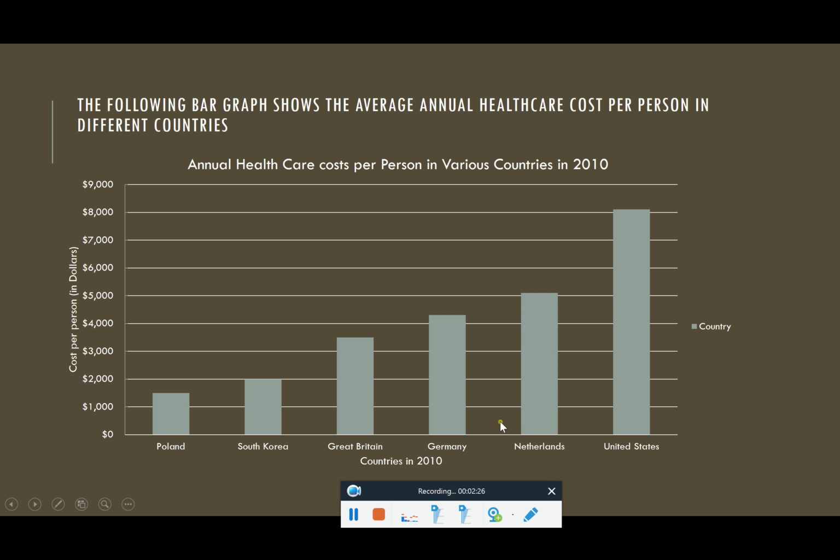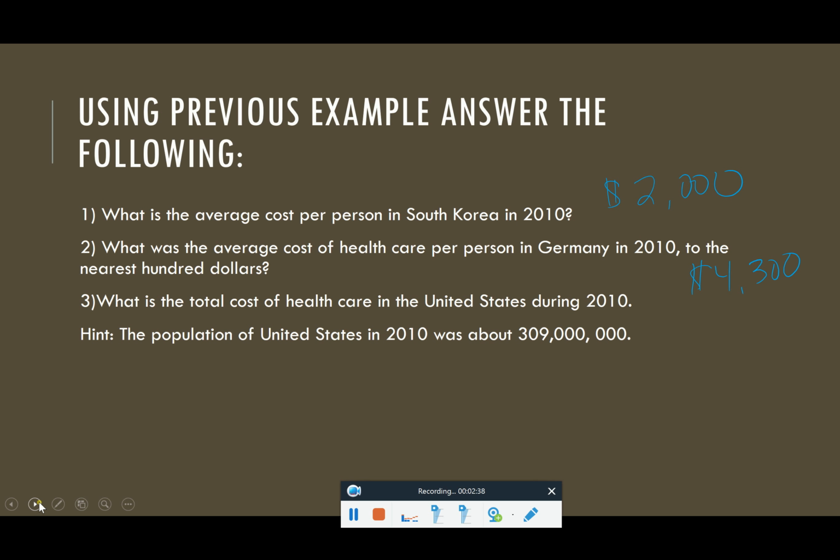So United States healthcare was about 8,200. And so then you take your number and you multiply this by 8,200. And so you end up with about $2.5 trillion.